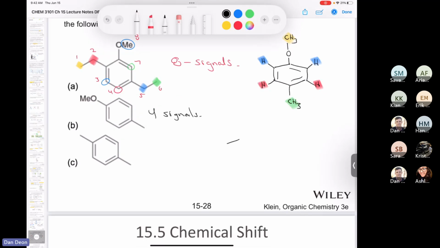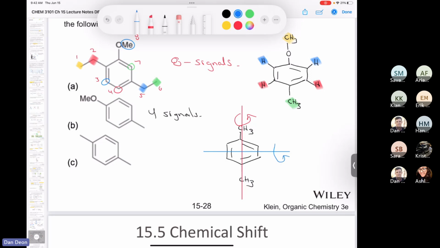This is called paraxylene. The name is not important, but I have CH3 here and a methyl group over here. So you can see that you've got an axis of rotational symmetry going through the molecule this way, and you also have an axis of rotational symmetry going through the molecule this way.